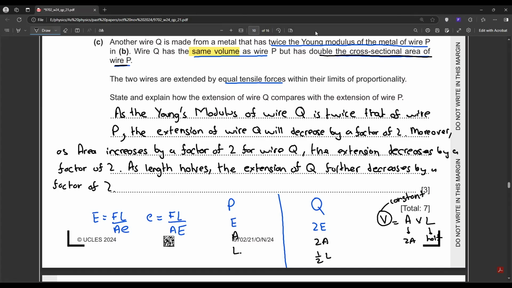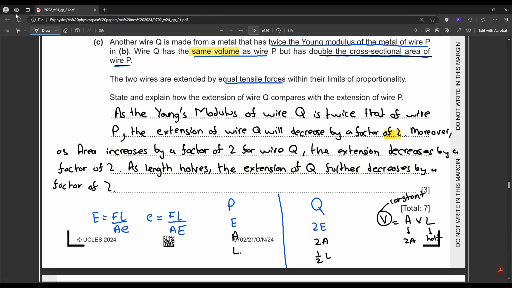Can you realize that the extension of Q has decreased 3 times by a factor of 2? Here as well, and here as well. Sorry, I have marked this factor incorrectly. Let's mark it here. The extension of Q has decreased 3 times by a factor of 2.